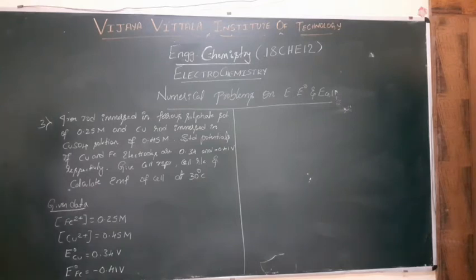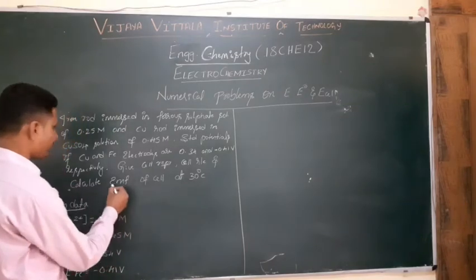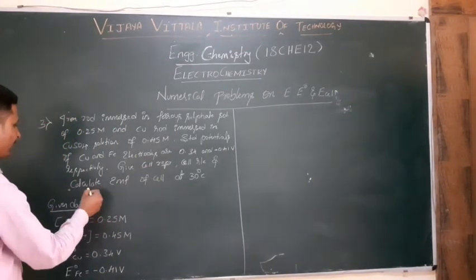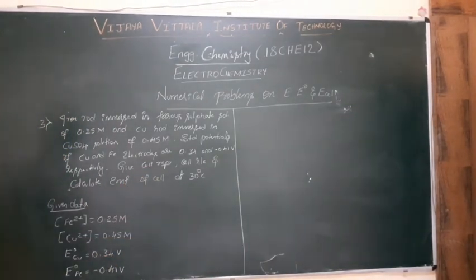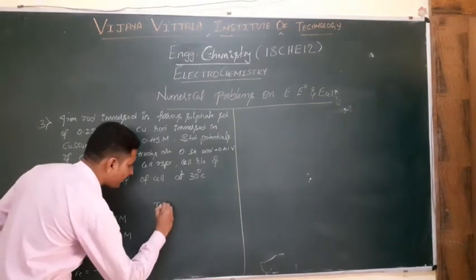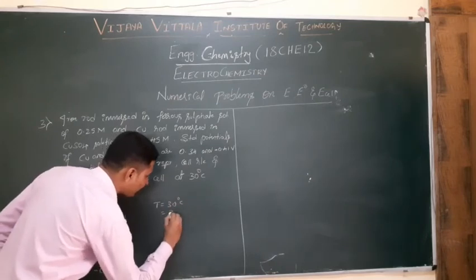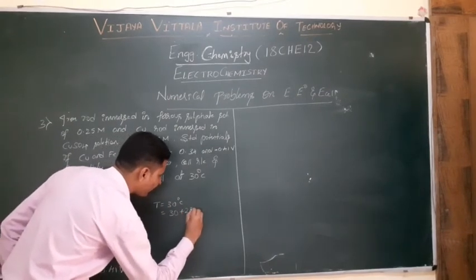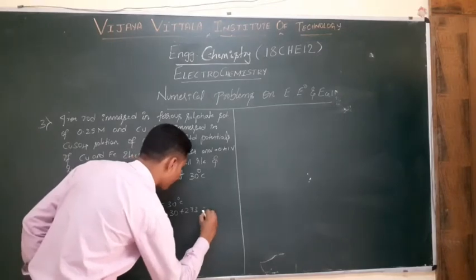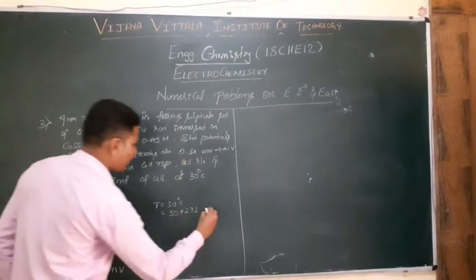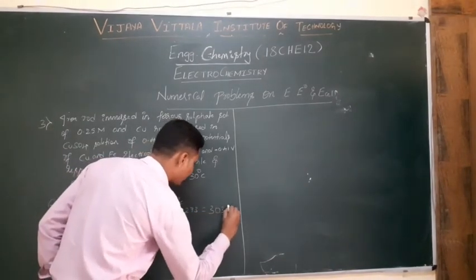So here we need to calculate the cell representation and cell reactions, and then calculate the EMF of the cell. The temperature given is T equal to 30 degrees Celsius, that is 30 plus 273, that means 303 Kelvin.